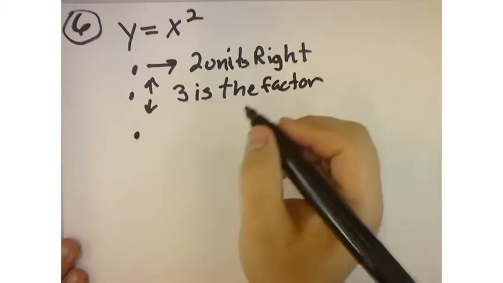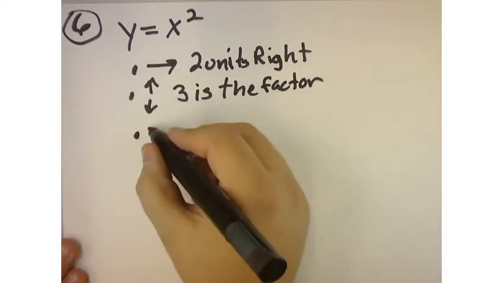Then they want us to vertically translate 5 units up.